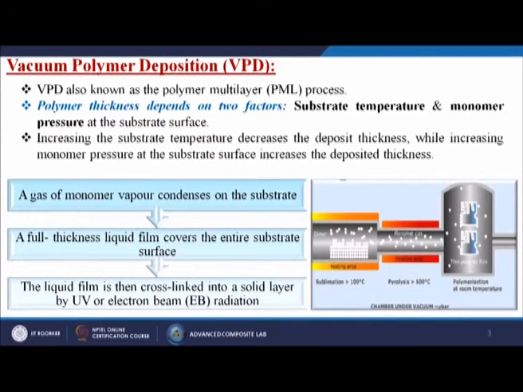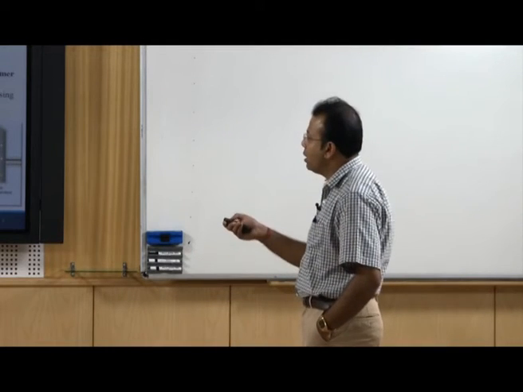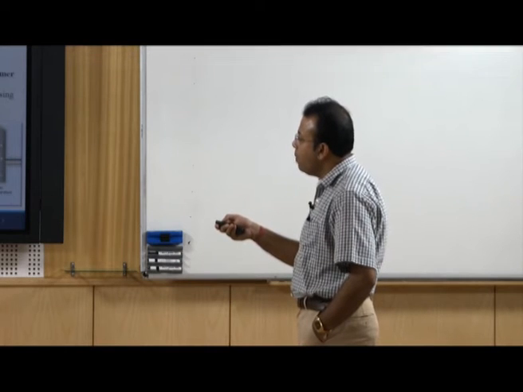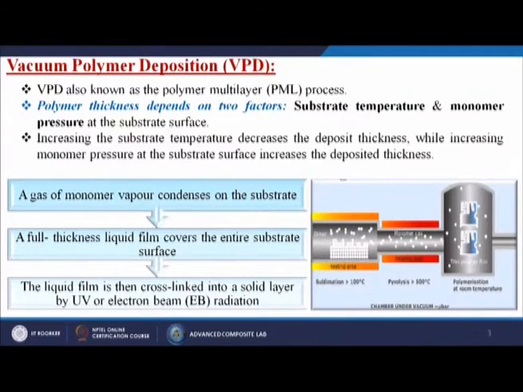First, we will discuss the vacuum polymer deposition process, in short form the VPD process. First we have to know what the process is. VPD is also known as the polymer multilayer process, or PML process. Polymer thickness depends on 2 factors: substrate temperature and the monomer pressure at the substrate surface.